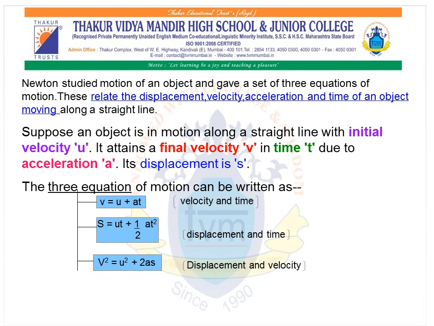Now you can see in these three equations, v describes final velocity, u describes initial velocity, a stands for acceleration, t stands for time and s stands for displacement.